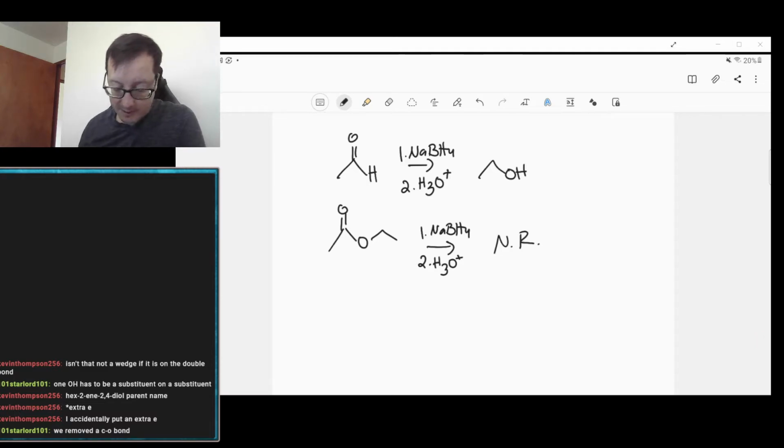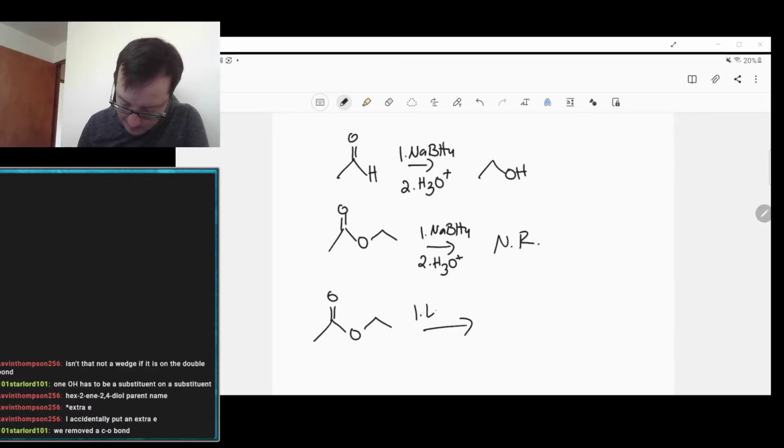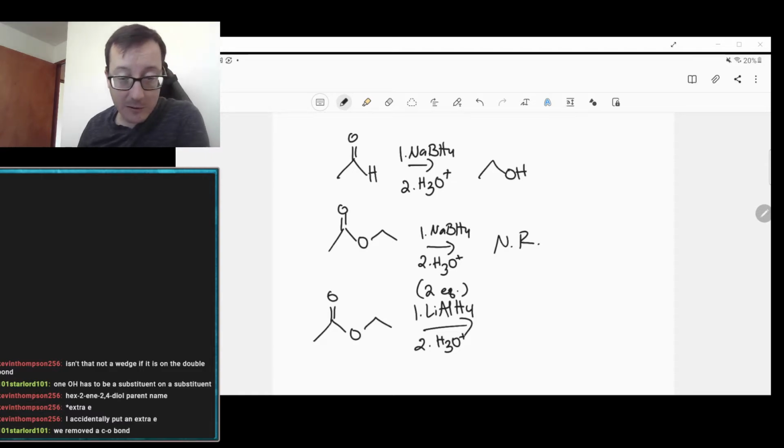And that more aggressive one is, as we'll see, lithium aluminum hydride. We'll need actually two equivalents, or we'll say excess. That'll end up giving us our primary alcohol.